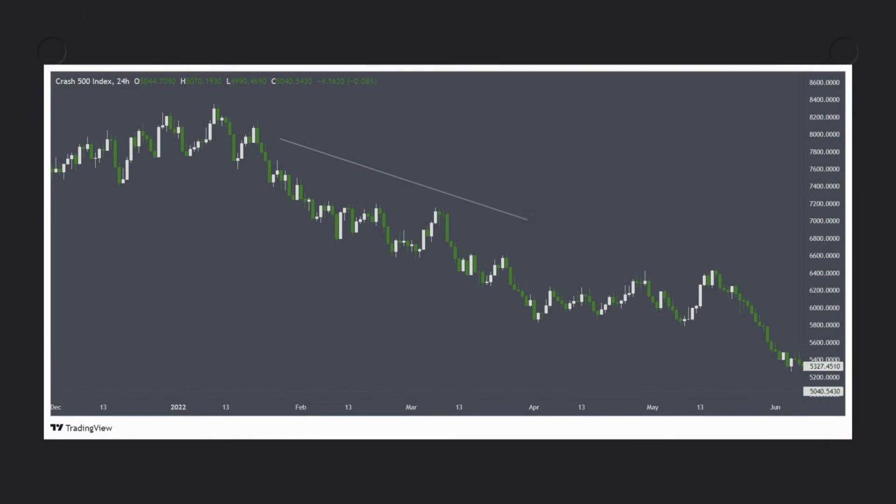On the chart, we have the Crash 500 daily chart, right? If you look at this chart, you'll realize that C500 since 2022 has been dropping. So this is a trending market.